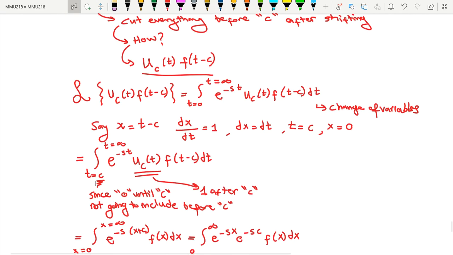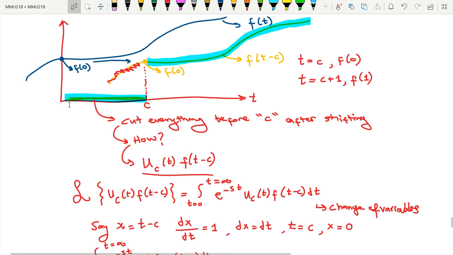And as I sweep time from 0, before c, everything until c is going to be 0. This function on its own does that.